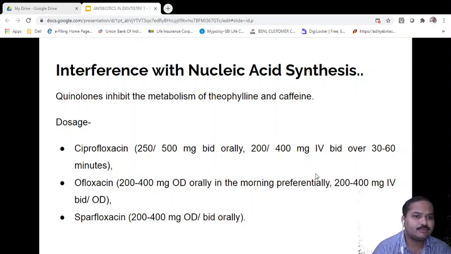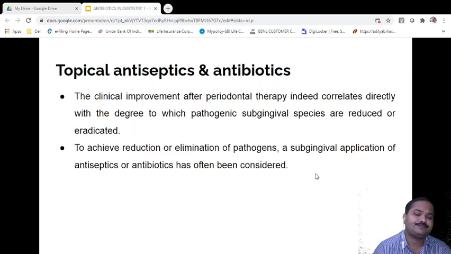The dosage of ciprofloxacin can be 250 to 500 mg BID orally, and it is also given intravenously. Ofloxacin and sparfloxacin can also be utilized for various oral and dental infections.